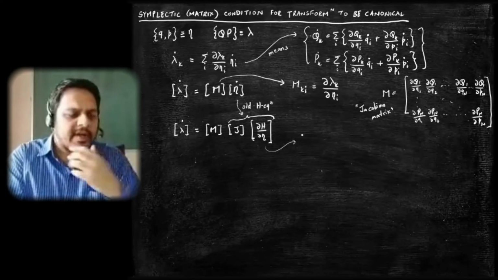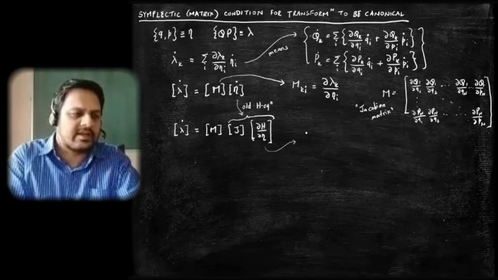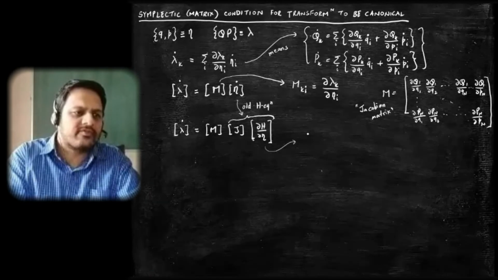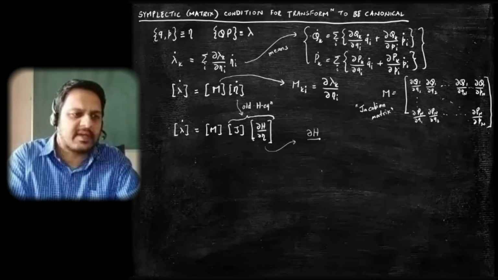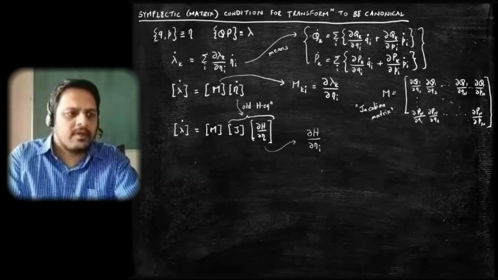Now, let us examine this guy carefully. What is ∂H/∂η? Basically, it is a column vector whose individual entry one can write as ∂H/∂η_i. But what is ∂H/∂η_i?